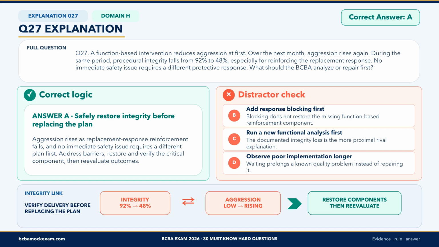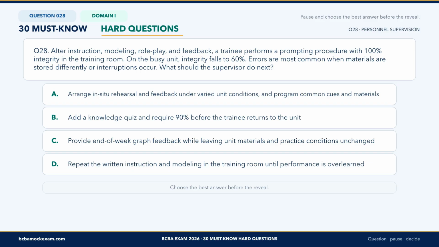Repair integrity, then reassess outcomes. When safety does not require immediate modification and integrity has fallen, restore and verify critical components before concluding that the intervention itself is ineffective. Supervision begins where training room mastery fails to transfer into natural performance.